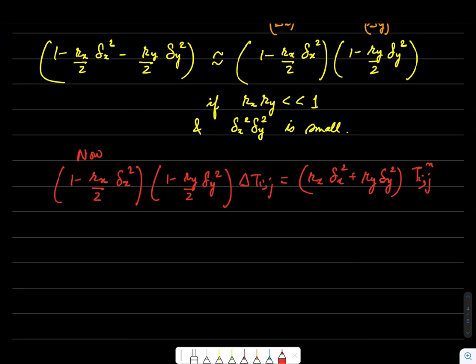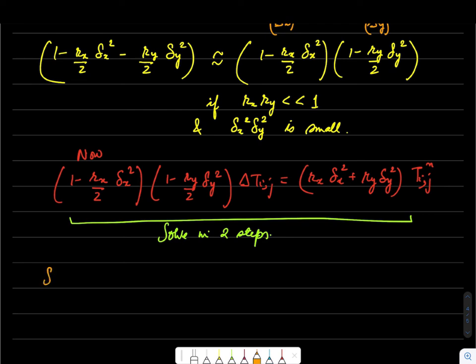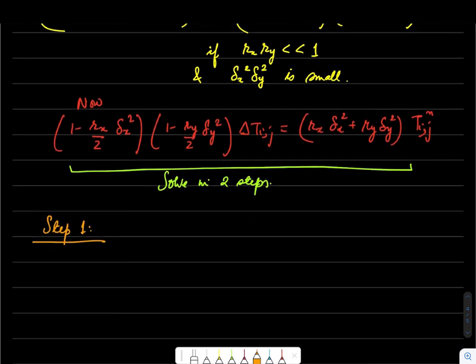Now we'll solve this equation in 2 steps. Step 1 will be the following. I could write this equation as 1 minus rx by 2 del x square delta Tij star, where delta Tij star becomes a dummy variable, an intermediate value.